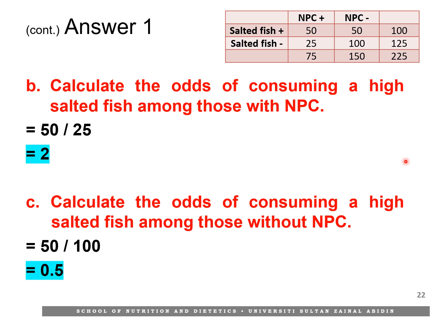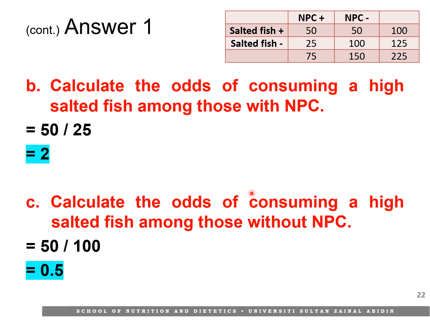When answering the questions, we still need the 2 by 2 contingency table that we have developed just now. So to calculate the odds of consuming a high salted fish among those with NPC is 50 divided by 25, and the answer is 2.